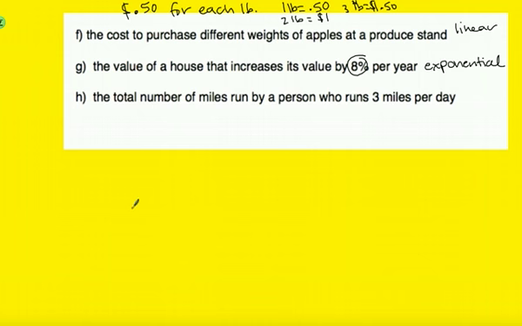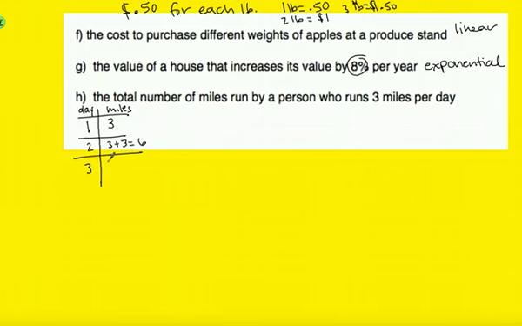H says the total number of miles run by a person who runs 3 miles per day. So if we made a little table, and this was the day, and this was the miles, the first day, you would run 3 miles. The second day, you would run 3 more than the last day.